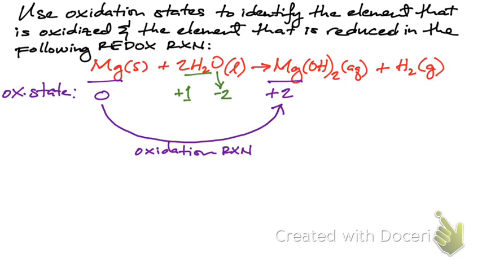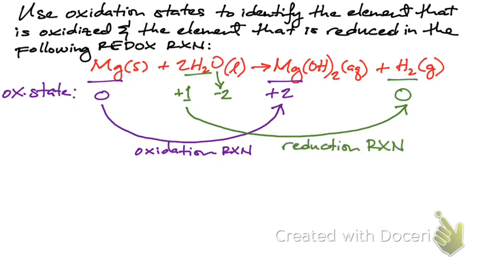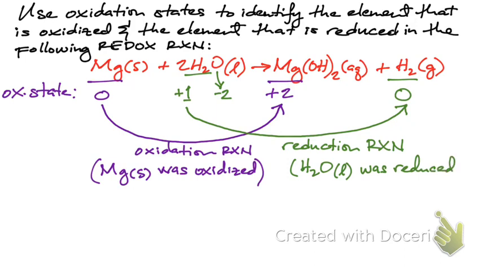So when you look at the hydrogen on the reactant side, it has a +1 oxidation number, and then it decreases to 0. So that would be reduction, because there was a decrease in the oxidation number. So in that case, because magnesium underwent oxidation, it's the one that is being oxidized. And so in this case, water is the one that's being reduced.